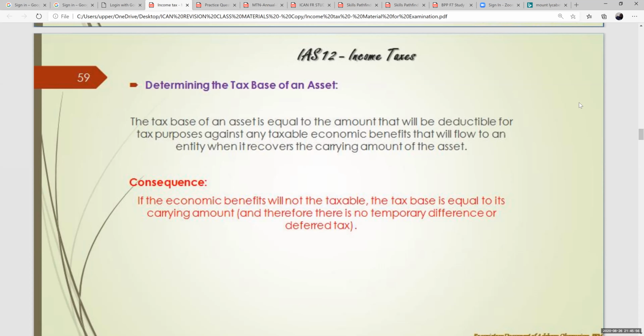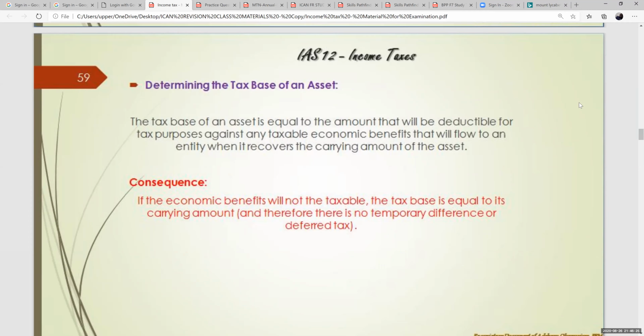Which means what is left to be enjoyed for tax deduction in the future is 8 million. And what is the further consequence of this? When the economic benefit to which the asset is associated is not taxable or is totally exempted from tax, it means there is no temporary difference that could arise from such a transaction.